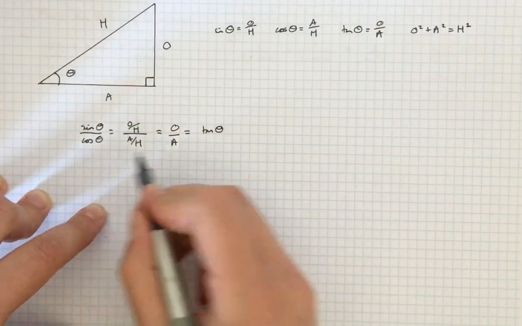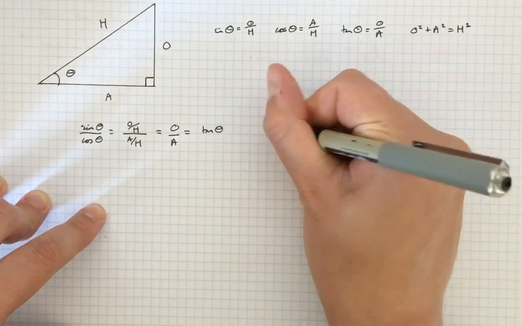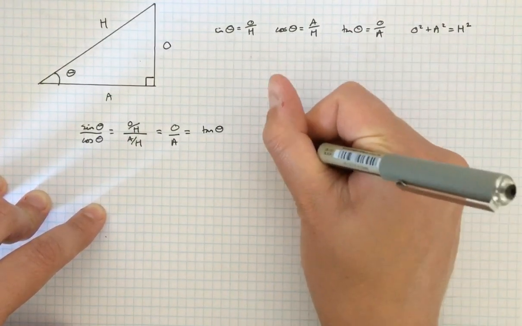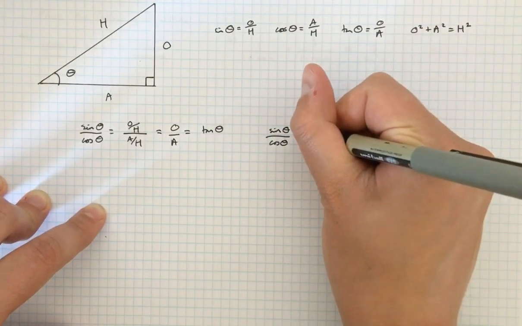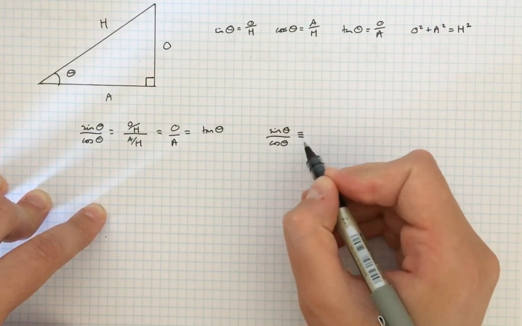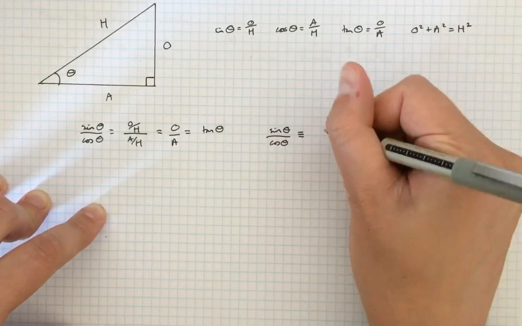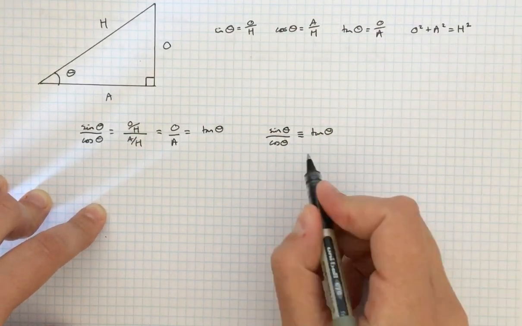Okay, now what we've shown there is a trig identity, and we can write it as such. Sine theta over cosine theta is the same as, so I'm using this equivalency symbol here rather than an equal sign, tan theta. Now this is an identity.